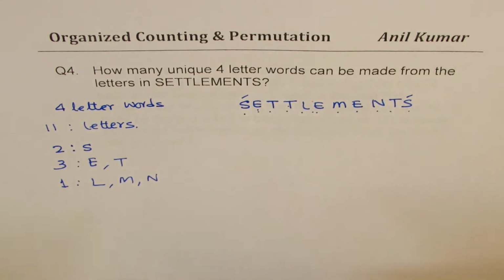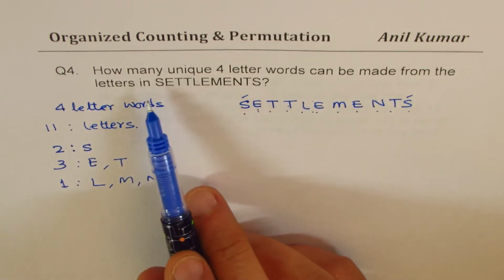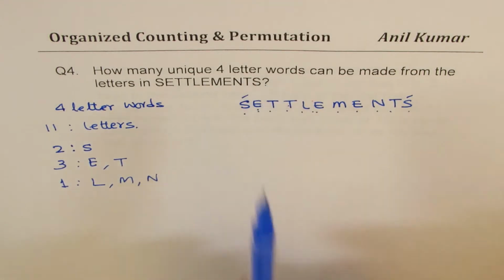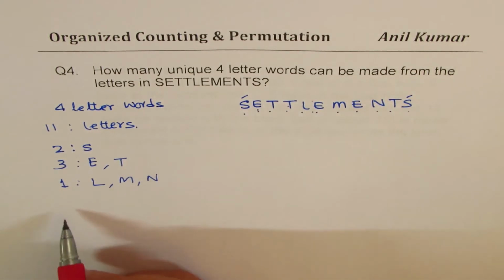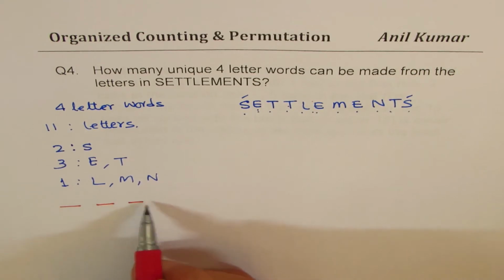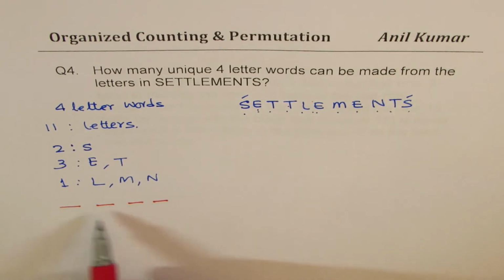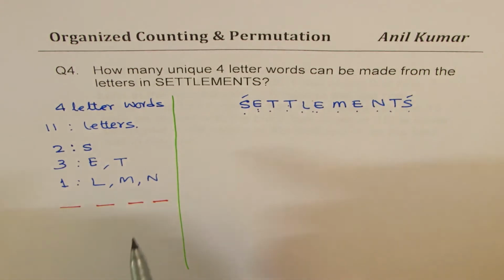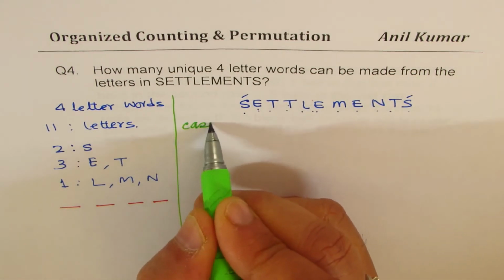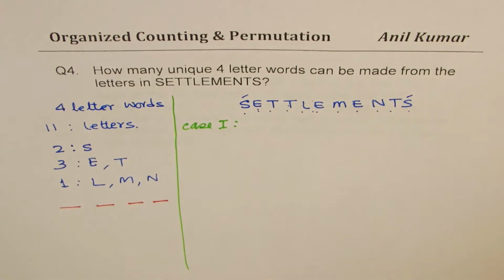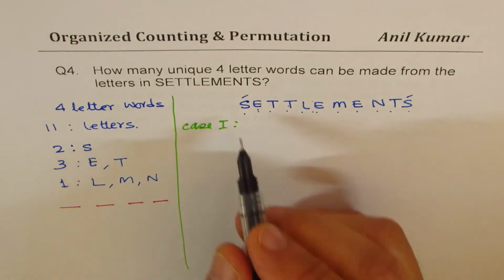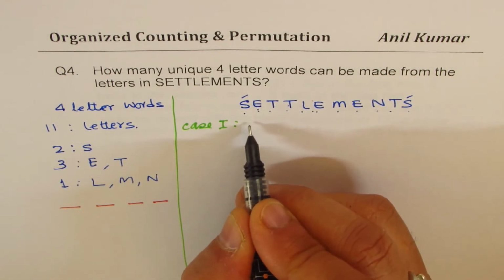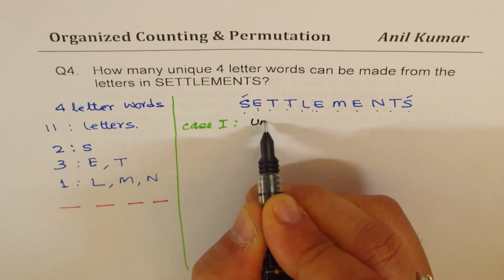Perfect. So now we need how many 4-letter words can be formed. So let's make 4 positions. 1, 2, 3, 4. Now we have to fill 4 positions. There could be different cases. So let's say case 1. Case 1 could be all different letters, so all unique letters.